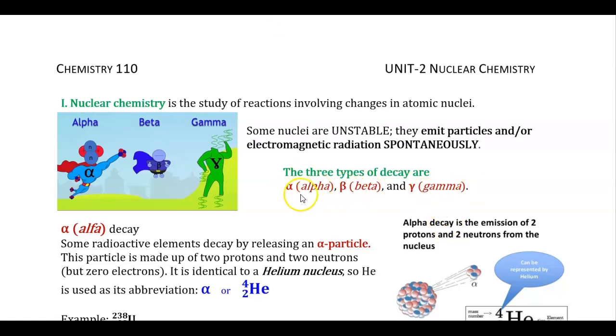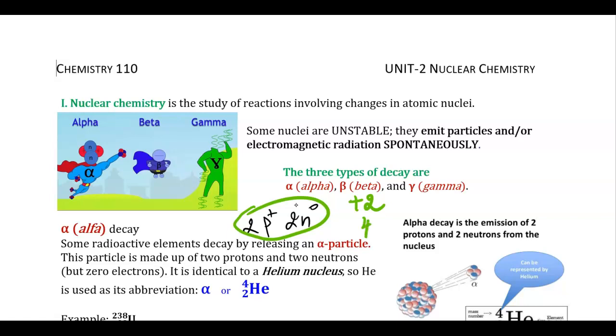Right? So what is alpha decay? Alpha decay is a decay when the nucleus emits a pretty heavy particle, the particle which has two protons and two neutrons. Together, this particle has charge 2 positive and mass 4.